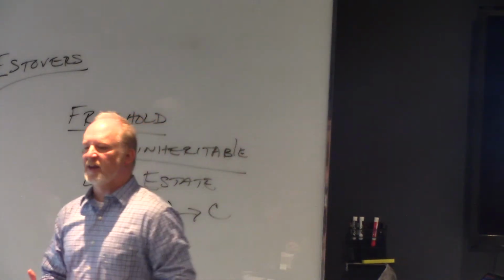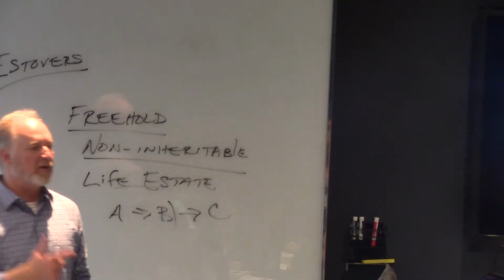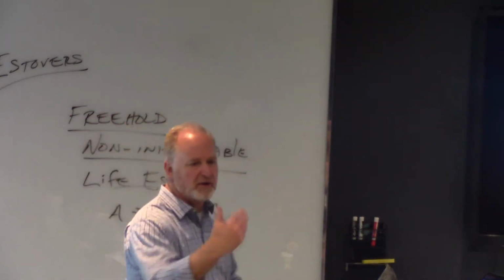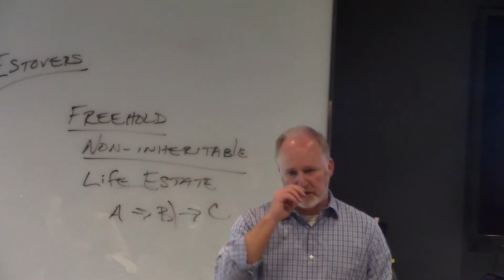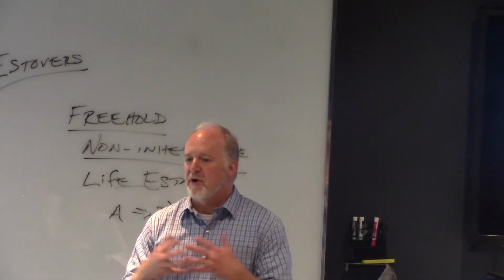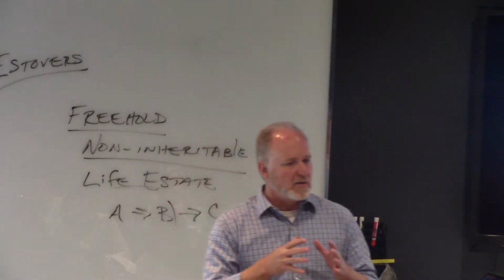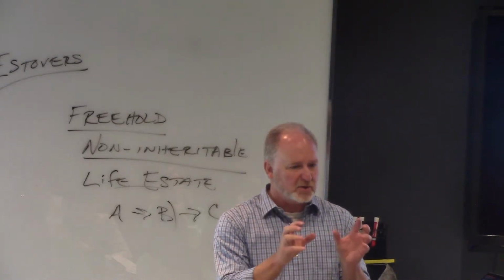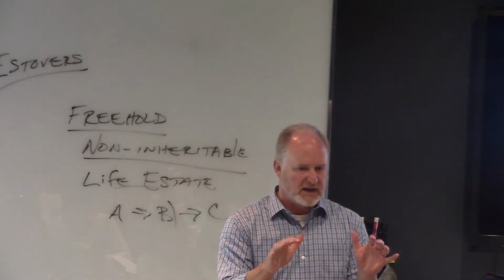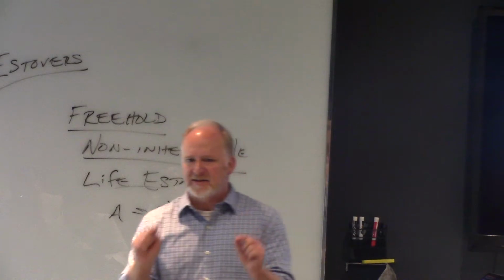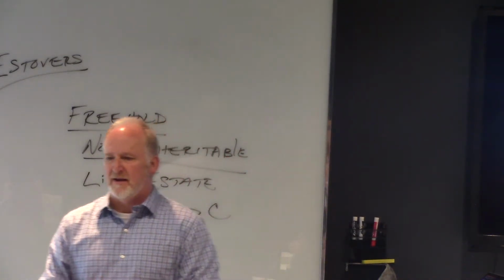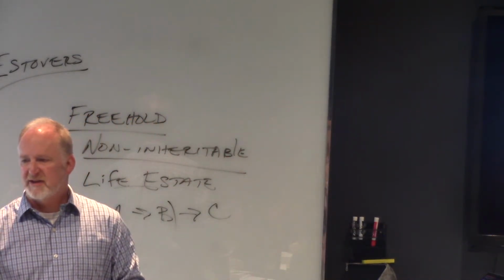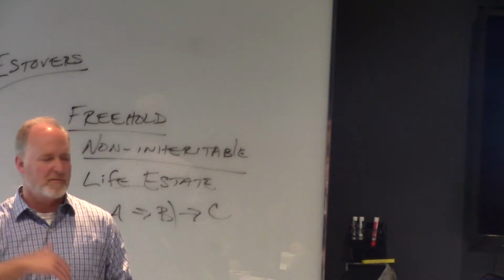The reason I say periodic tenancies is it could be an estate from period to period: week to week, month to month, year to year. These sound more familiar to you? Okay. Now, on a periodic tenancy, your essential characteristic is simply this: it is any indefinite term lease. An estate from year to year, a periodic tenancy, is an indefinite term lease.